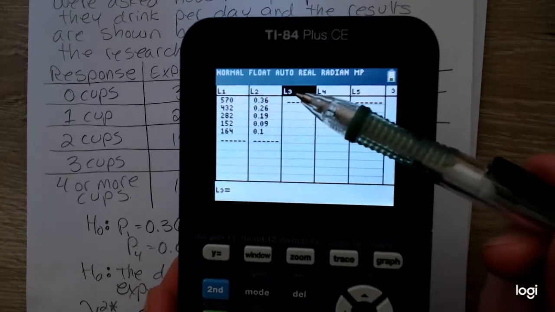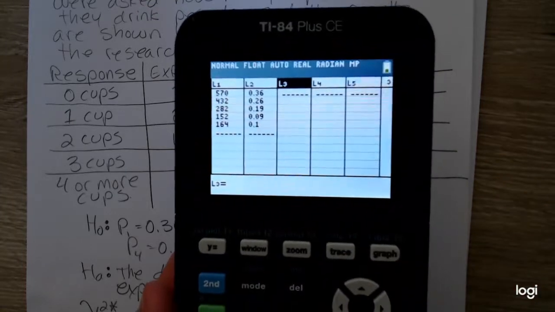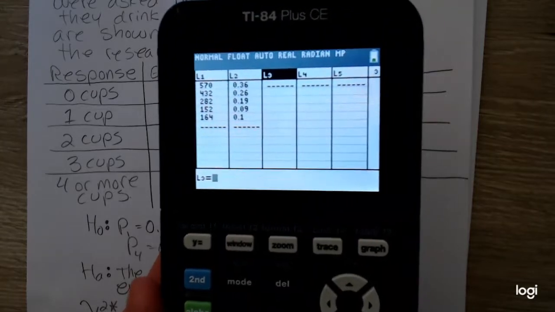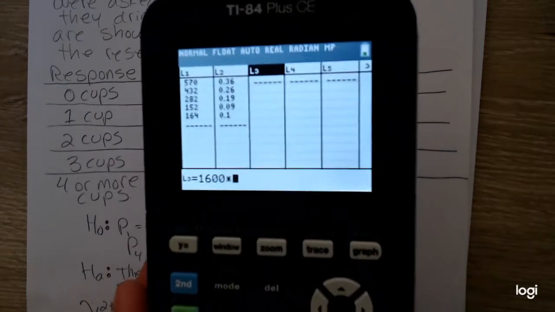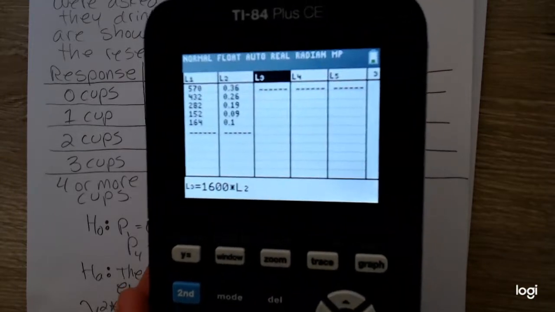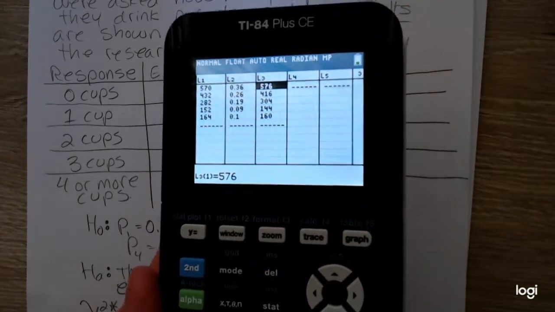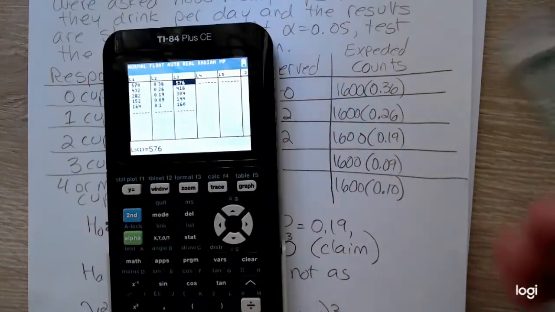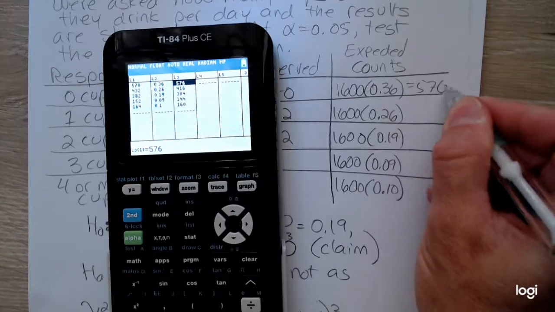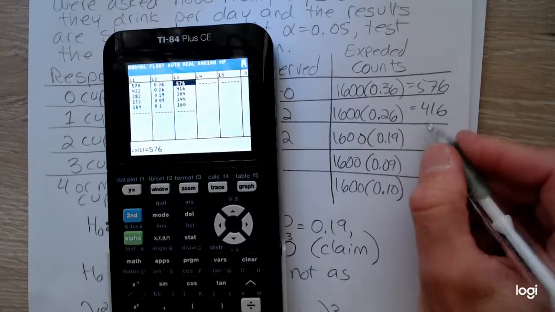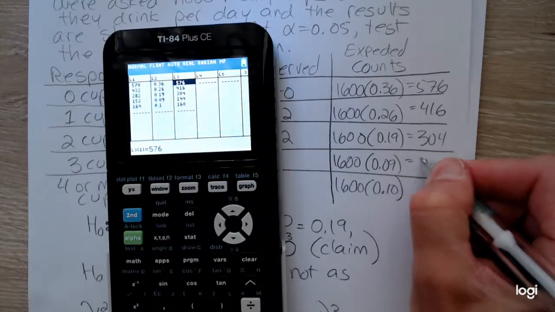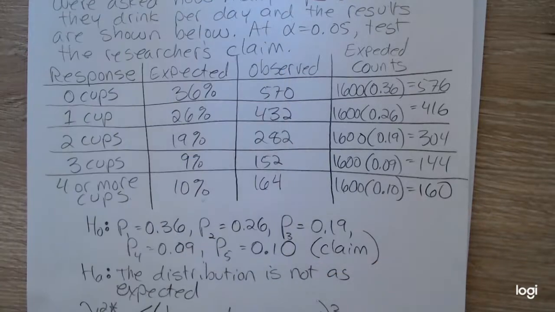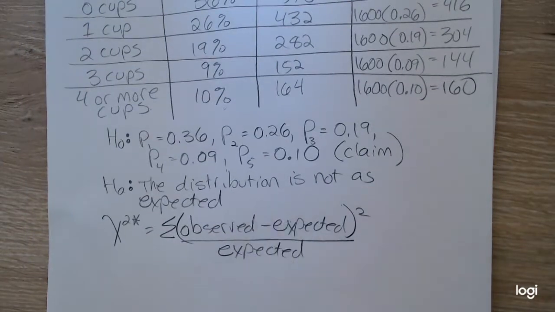So I move my cursor up so that L3 is highlighted, press enter, and then down below I can tell it 1,600 times that second list. Okay, and that will quickly give my expected counts. So if you're feeling lazy or motivationally inert, this is a quick way to get those counts, especially if you need those for a homework problem or if you need to show your work by hand.